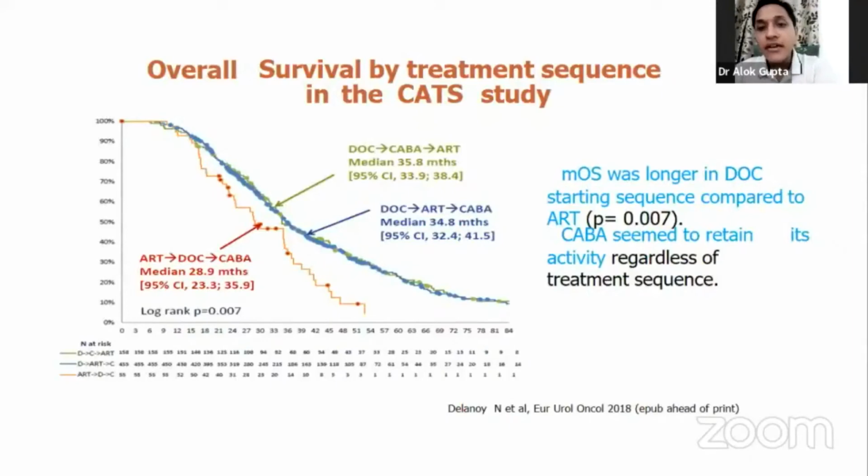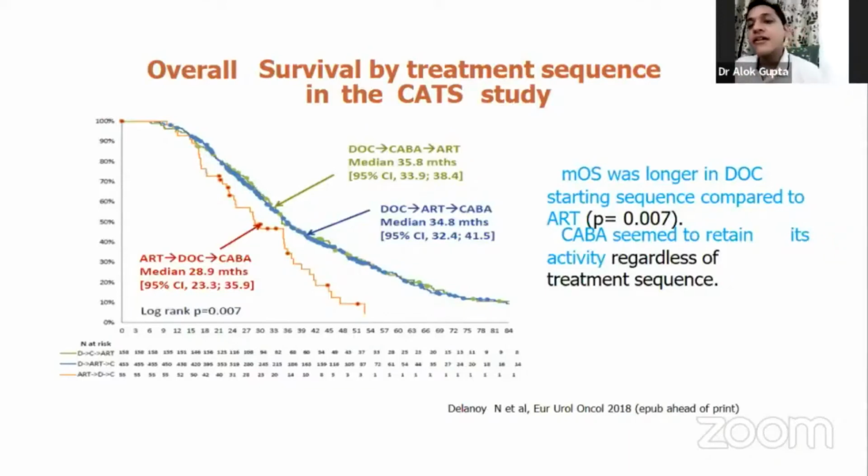Right. So as I said, one important point which came out from this additional analysis was that between docetaxel and enzalutamide, it is preferable to use docetaxel first, and not because we are medical oncologists, but there is some data to suggest that if we are using docetaxel first, these patients do live longer.